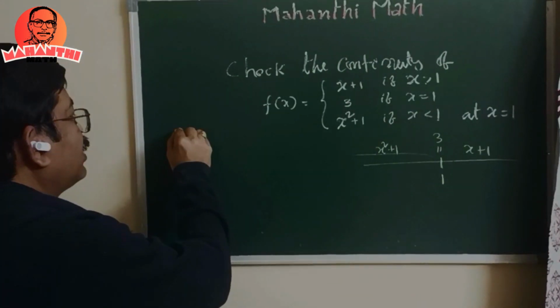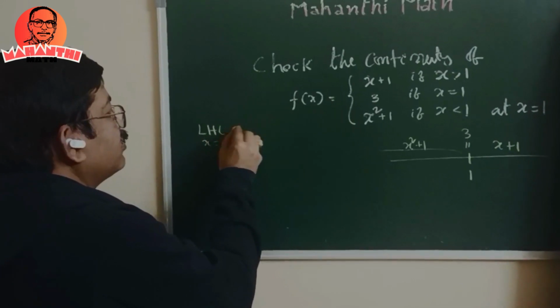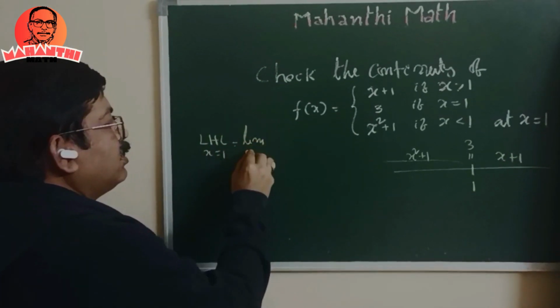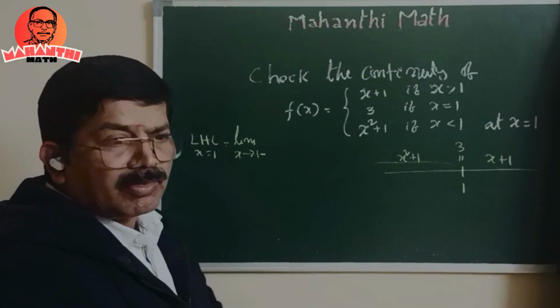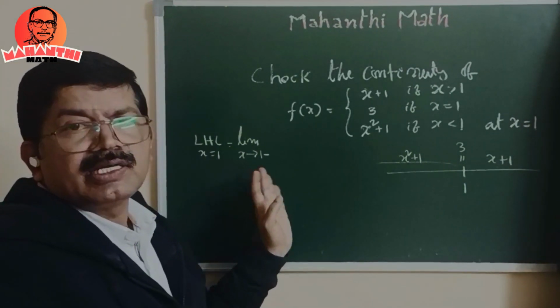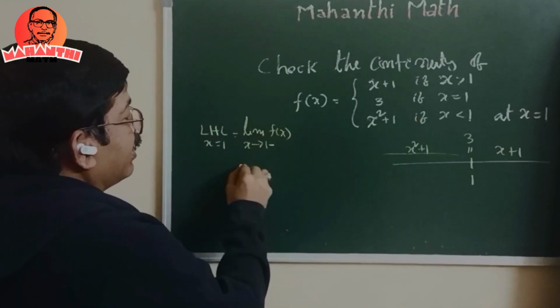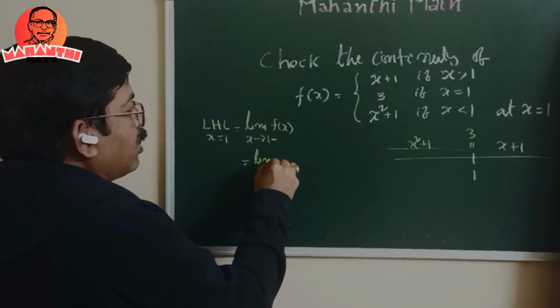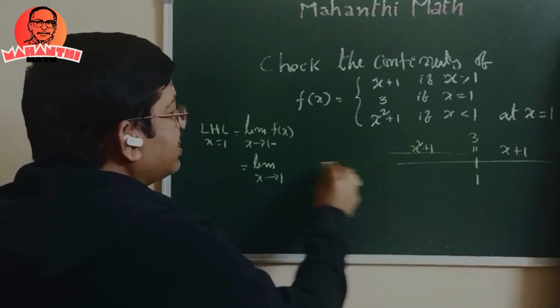Now you see, LHL at x equal to 1 equals, you know the notation now, limit x tends to 1 minus. 1 minus is not minus 1, 1 minus indicates left side to 1. F of x equals limit x tends to 1, I want to take the left side function. What is that?